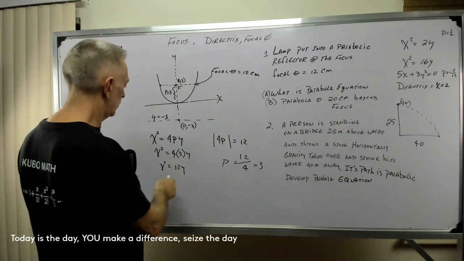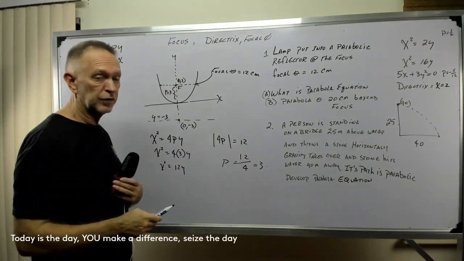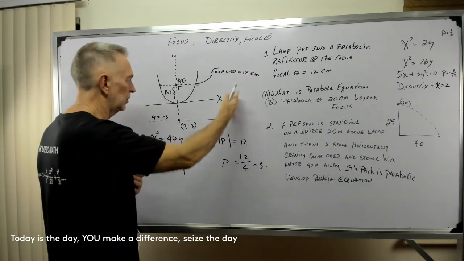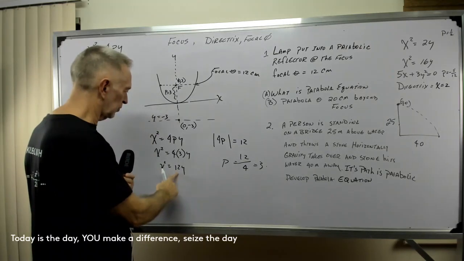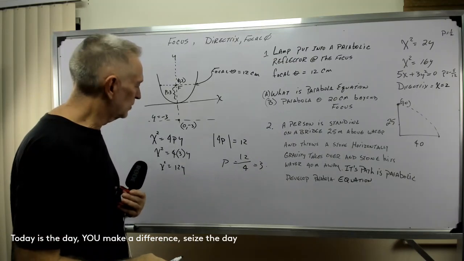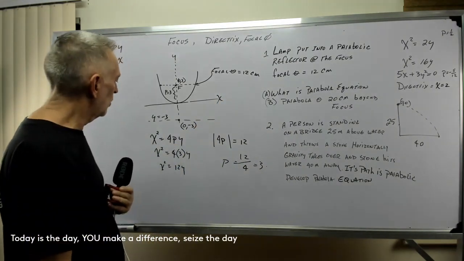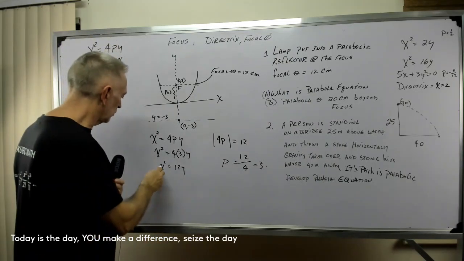We probably could have picked that up immediately because our focal diameter is 4p. We would have known 4p is 12, so this is 12. But I wanted us to work through this to see if we could arrive at the same equation. So x squared equals 12y.